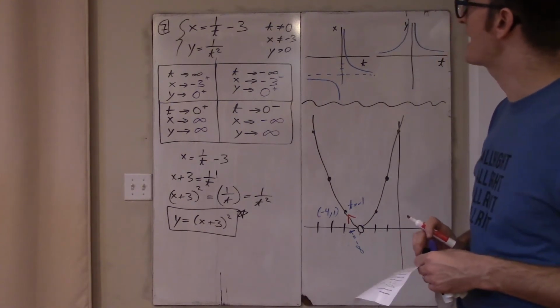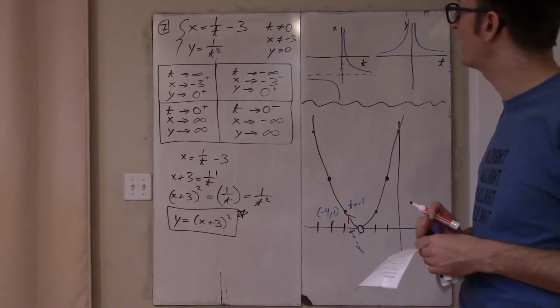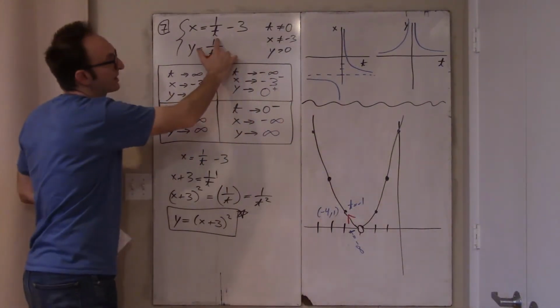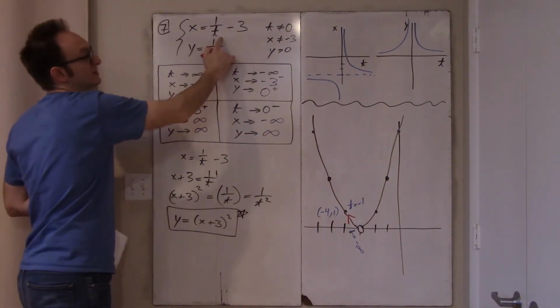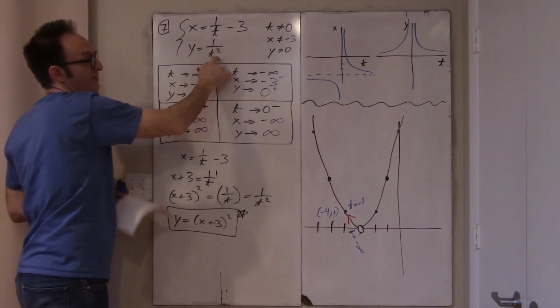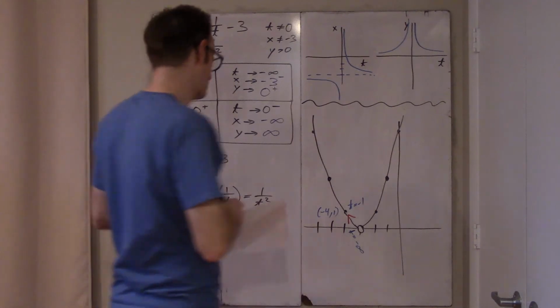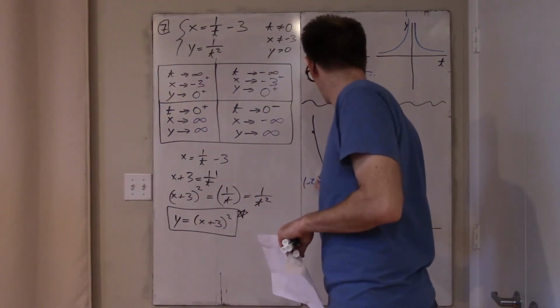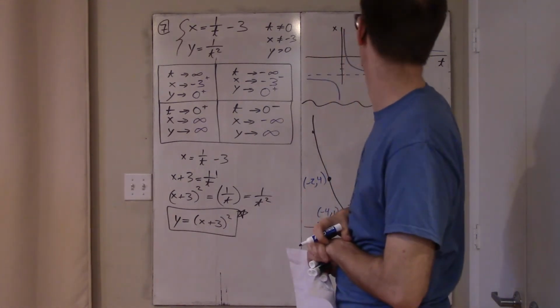Okay, what's another nice number I could plug in? I could plug in a half, say, if I want to be some sort of superstar here. I plug in a half, what do I get? Well, 1 over a half is 2, so it's -1, a half squared is a fourth, so that would be 4. So -2, 4. Oh, wait, something went wrong.